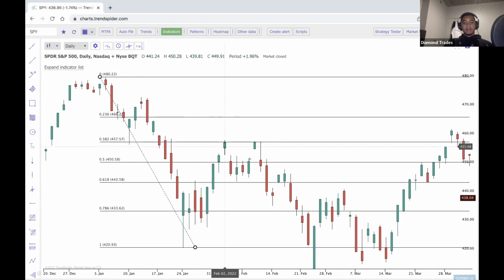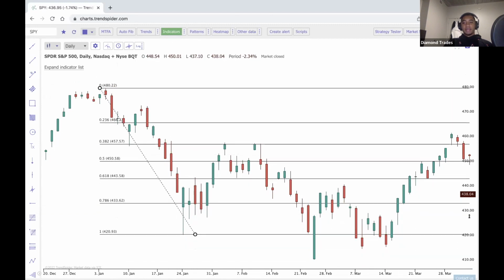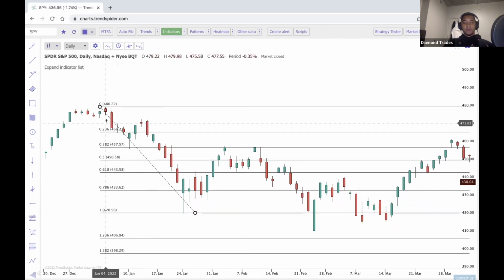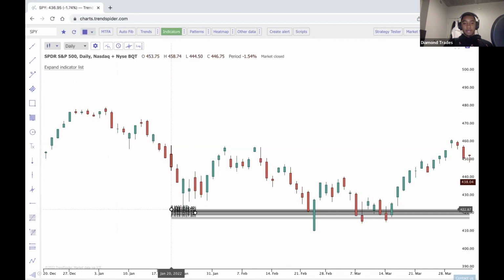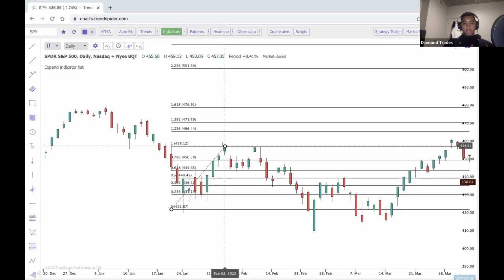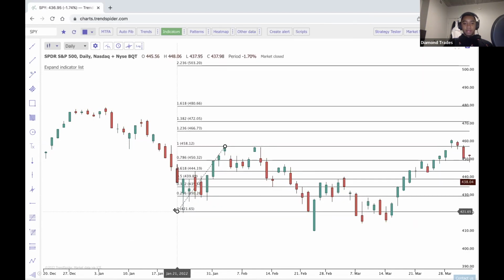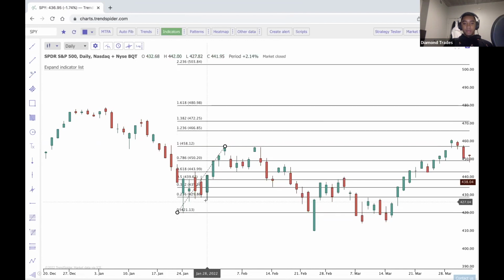Because like Mander said initially, that's how you want to get your extension levels to the downside. You don't get these extension levels to the downside unless you have your 0 at the start of the move. And even if you're playing a move up, the start of your move would still be down here at the lows, high of the move at the highs, and then you can plot it like that. So I think in this scenario, that's how you want to play it.